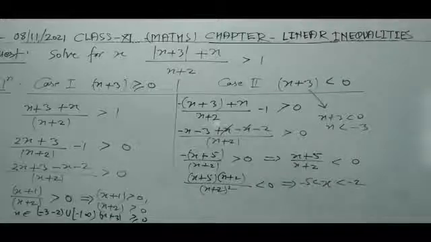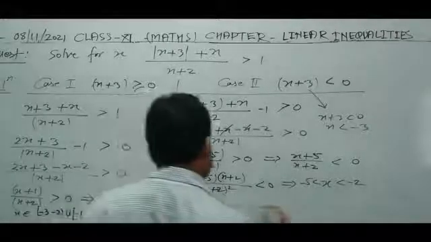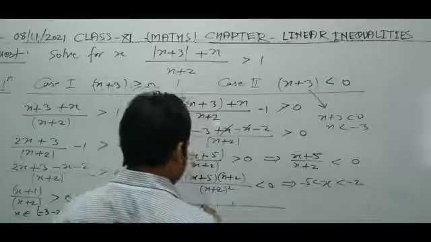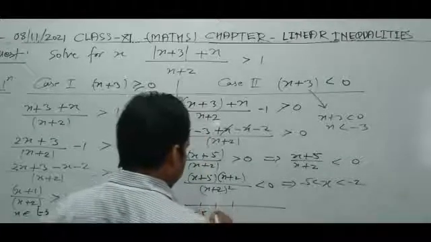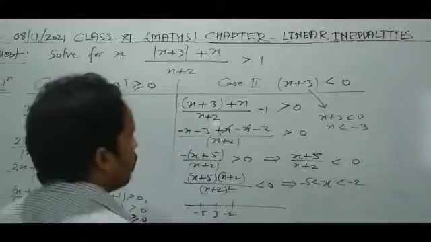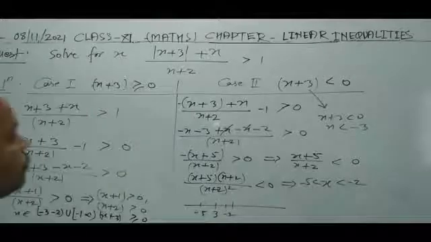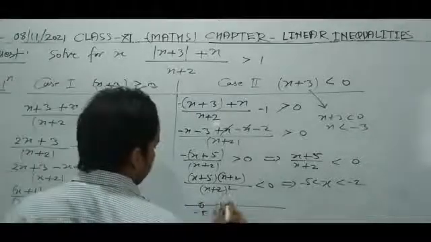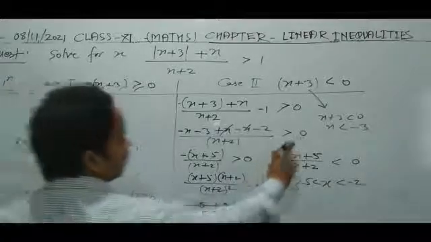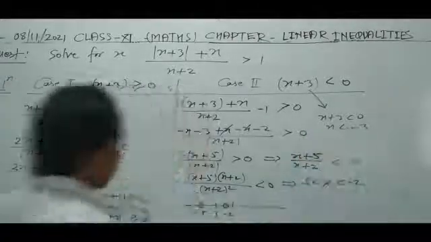How will you get the solution? See, on the number line, suppose this is minus 5, this is minus 3, and this is minus 2. So the value of x lies between minus 5 and minus 2, and x is less than minus 3.